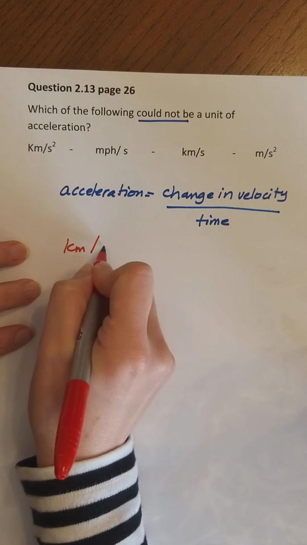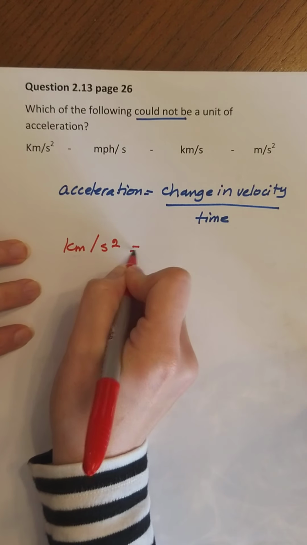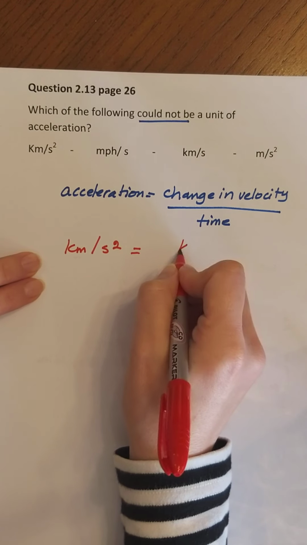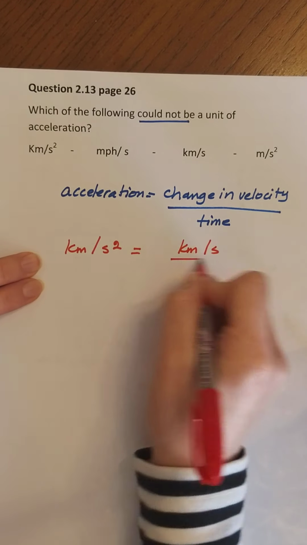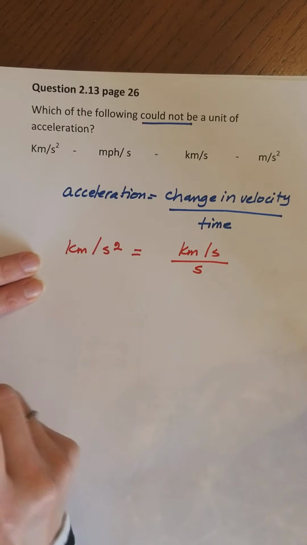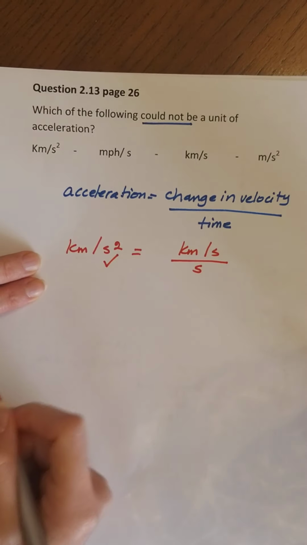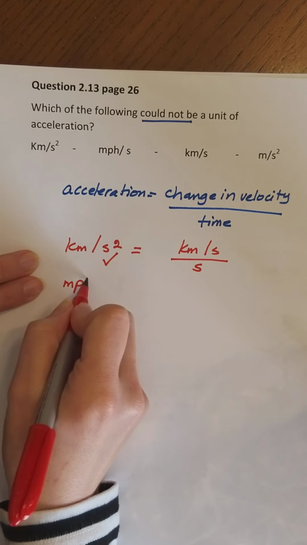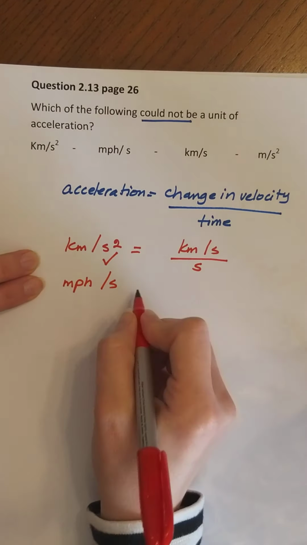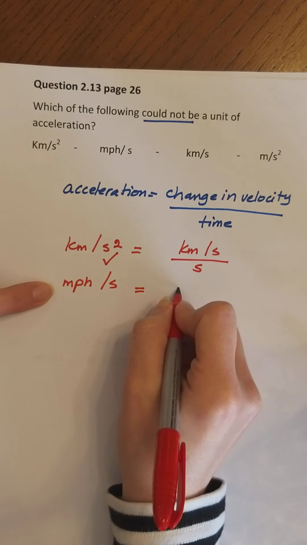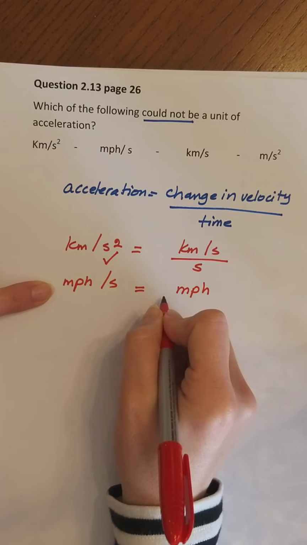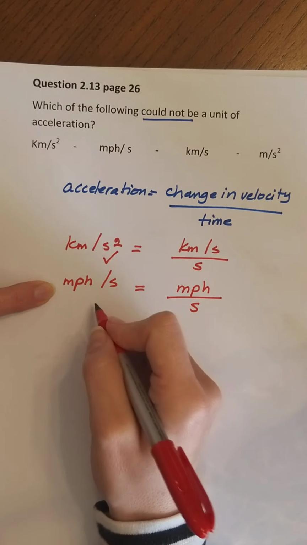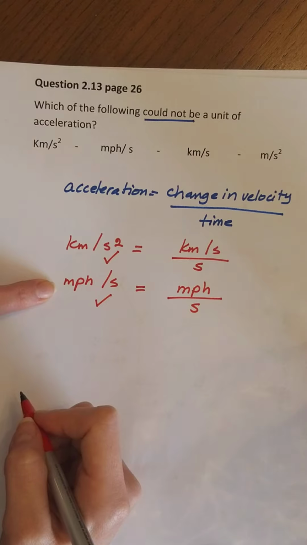Kilometer per second squared. This is a unit of velocity, kilometers per second, divided by a second. So yes, this could be a unit of acceleration. Miles per hour per second. This is miles per hour, a unit of velocity, divided by seconds, a unit of time. So this also could be a unit of acceleration.